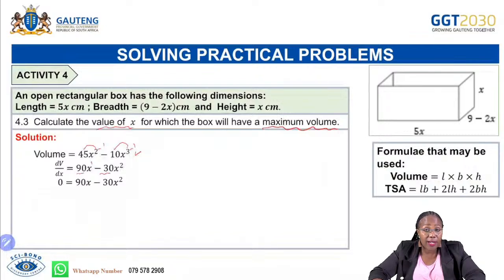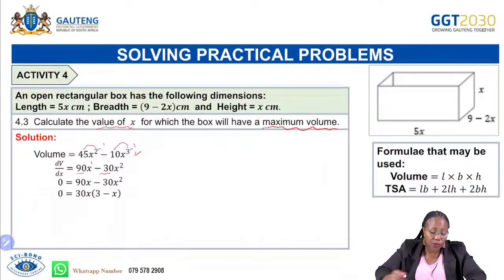And then from here now, you can take out the common factor because you can see you have x and x squared in your terms there. So we are going to take 30x as being common. When you take 30x, 90x divided by 30x goes 3 times. Minus 30x squared divided by 30x, you end up with minus x. It's like 90x divided by 30x, which is a common factor.